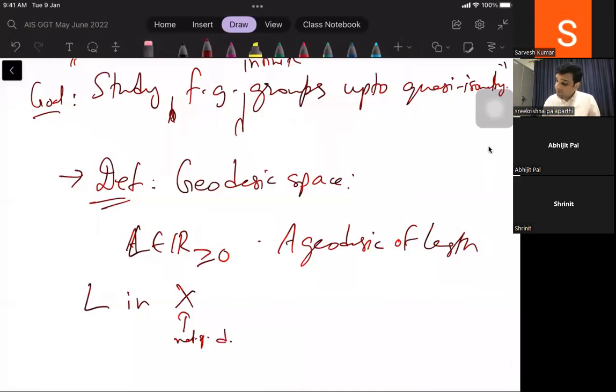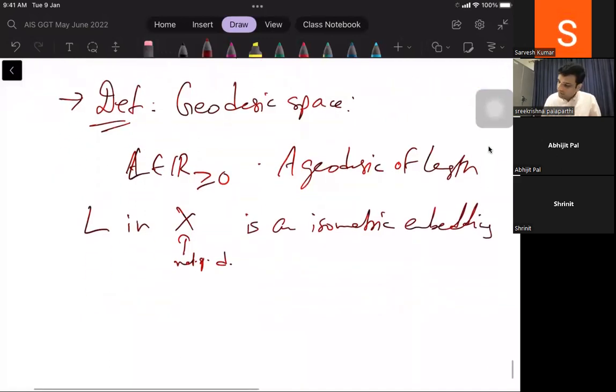A geodesic in X is an isometric embedding gamma from the interval [0, L] into X.